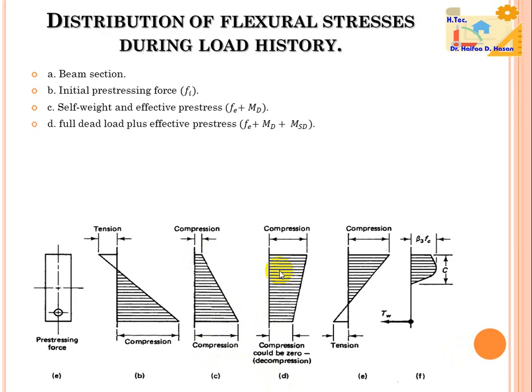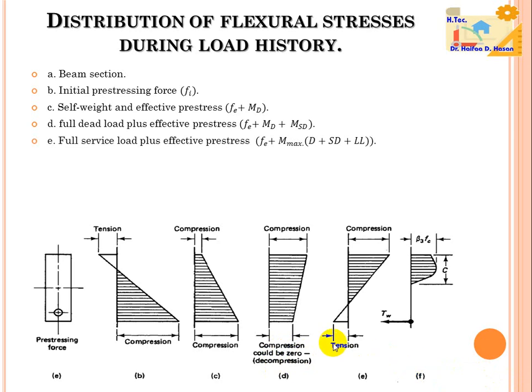In D, we can also see compression, in this state of full dead load plus effective prestress, and maybe here in the bottom fiber the compression could be 0 due to decompression.